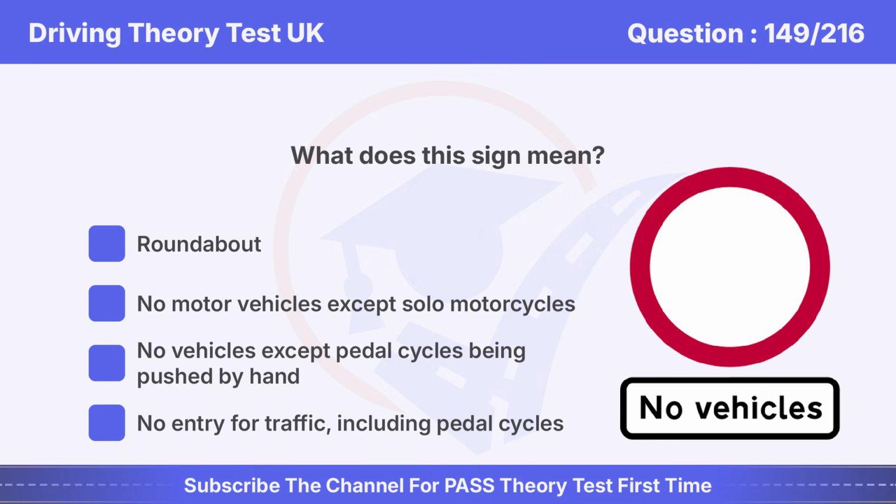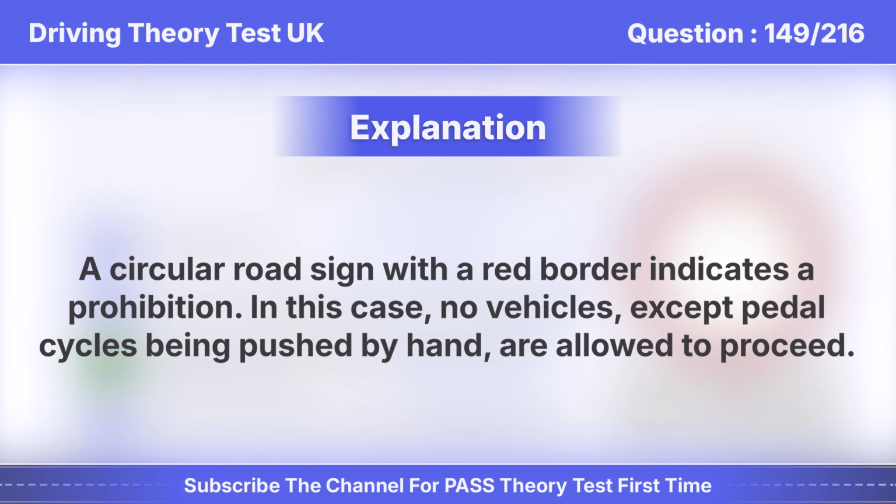What does this sign mean? Answer is C. No vehicles except pedal cycles being pushed by hand. A circular road sign with a red border indicates a prohibition. In this case, no vehicles, except pedal cycles being pushed by hand, are allowed to proceed.